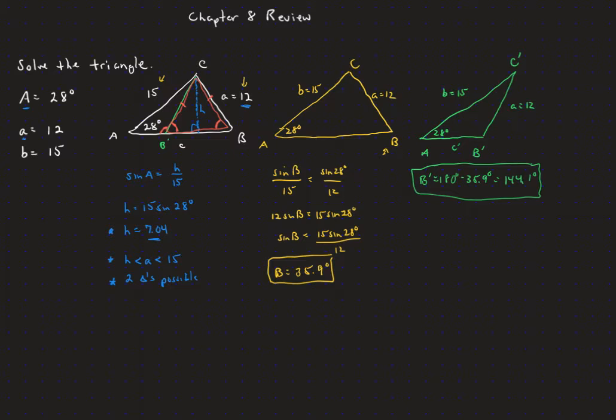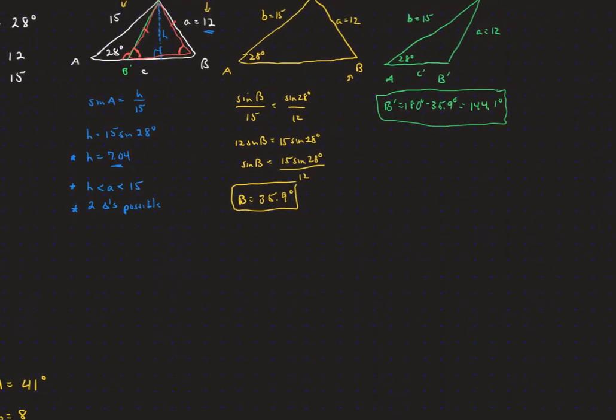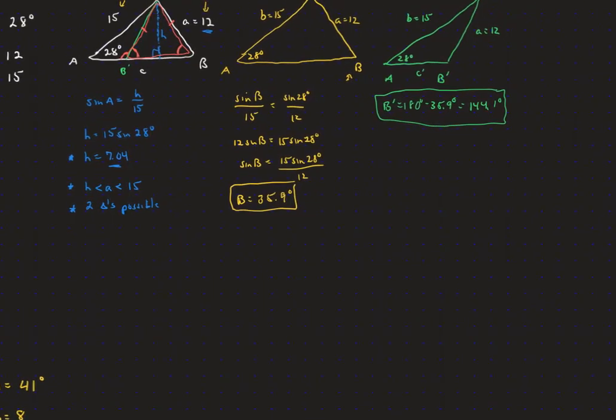So now the rest of this is going to be just routine. The hard part is done, but let's go ahead and just work it through. So back to the yellow triangle for a moment. Now that we know B, we know that angle C is going to be 180 minus the 28 minus the 35.9, which is 116.1 degrees.